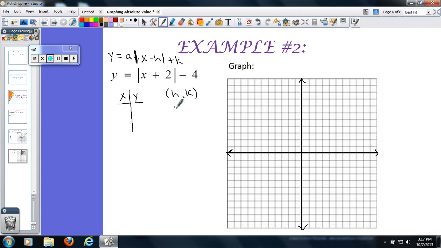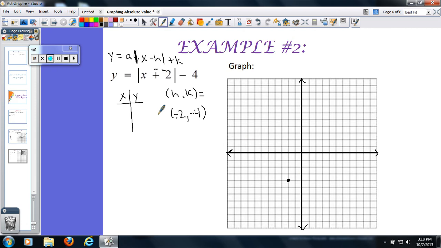This is x minus h. Since this is plus 2, I'd have to write it as minus negative 2. So this is negative 2, comma, and instead of being plus 4, this would be minus 4. So my vertex is at negative 2, negative 4. 1, 2, 3, 4. So this is where my vertex is.